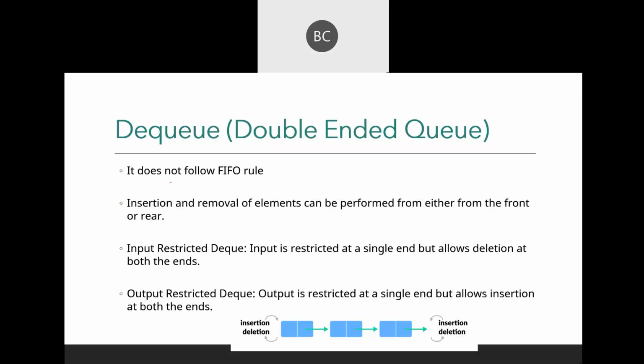Accordingly there are two types. One is input restricted, the other is output restricted. In input restricted, what happens? That means input is restricted at only one end. You can add any item from the rear end only, but it allows deletion from both ends, both front and rear.